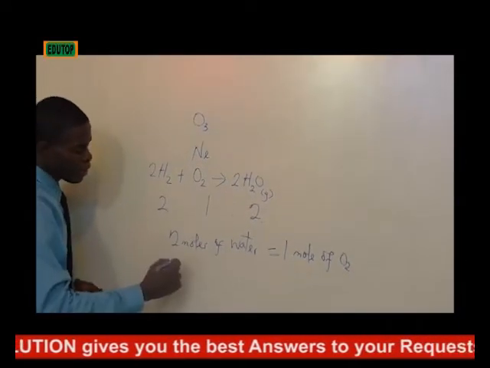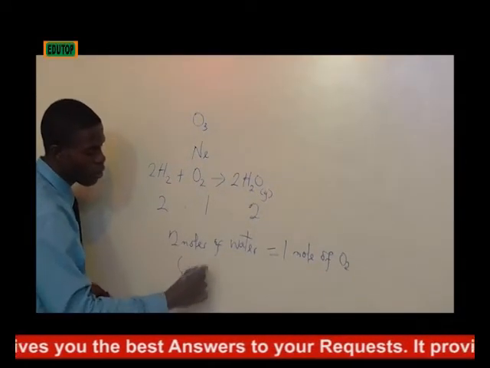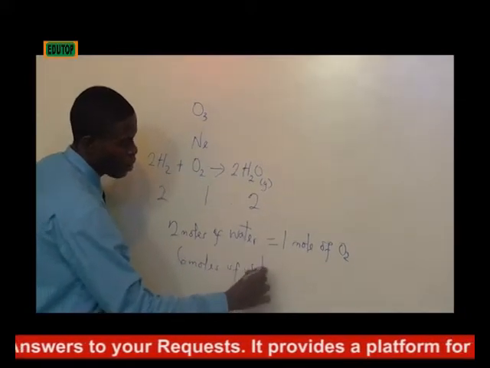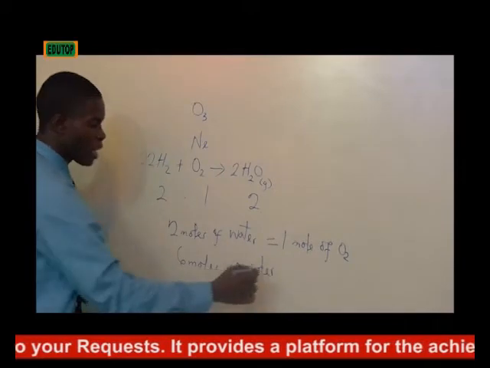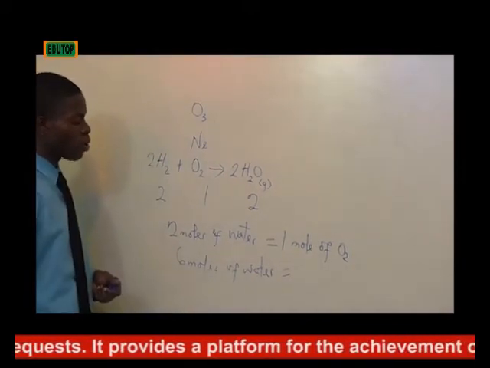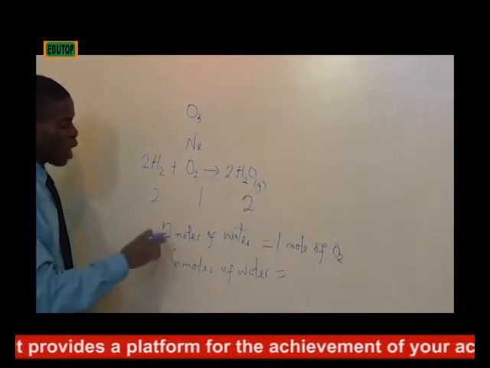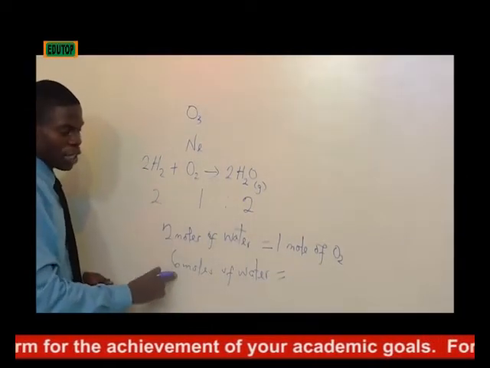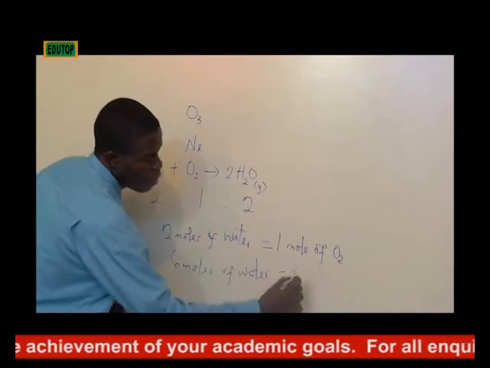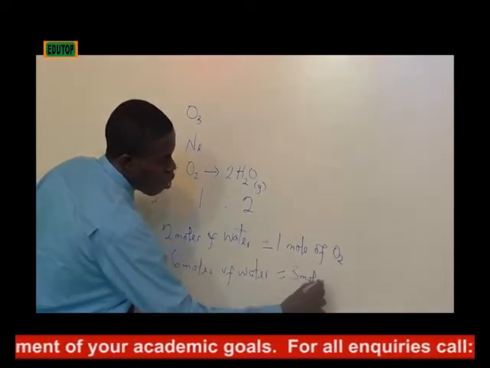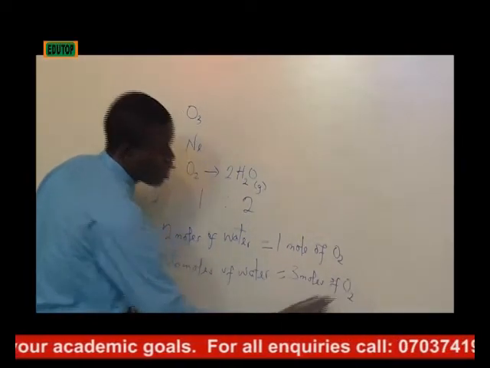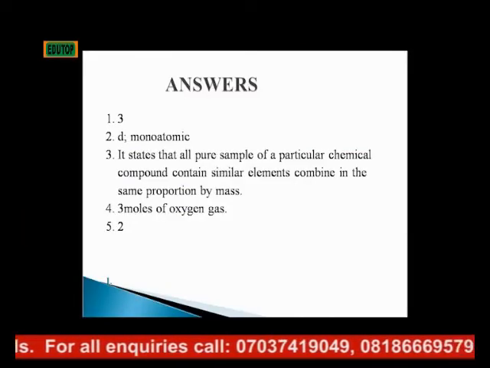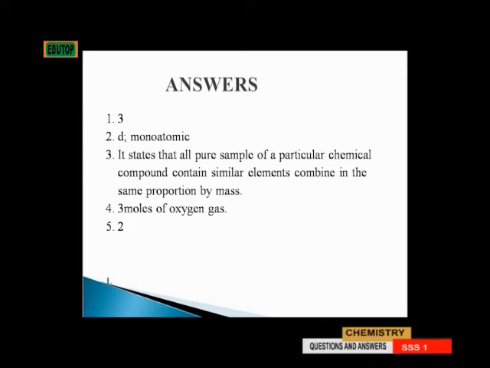That means 6 moles of water will automatically be equal to, since you have 2:1, 3 moles of oxygen. Therefore, the answer to question 4 is 3 moles of oxygen.